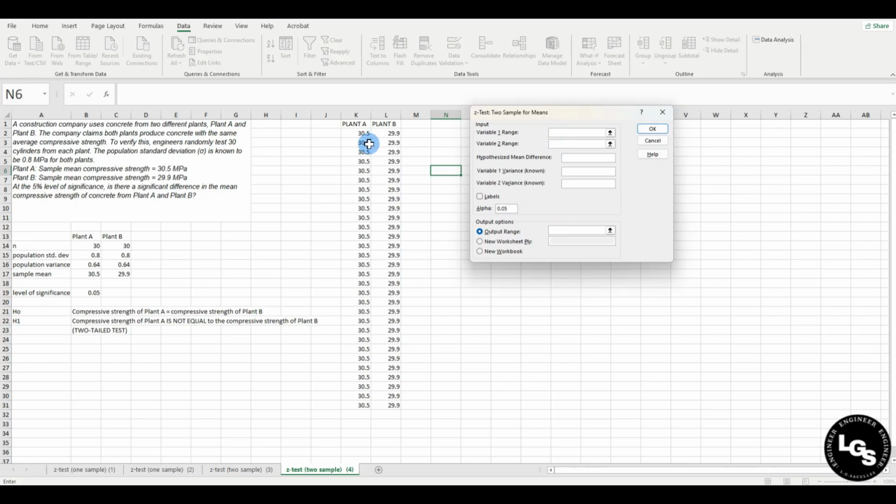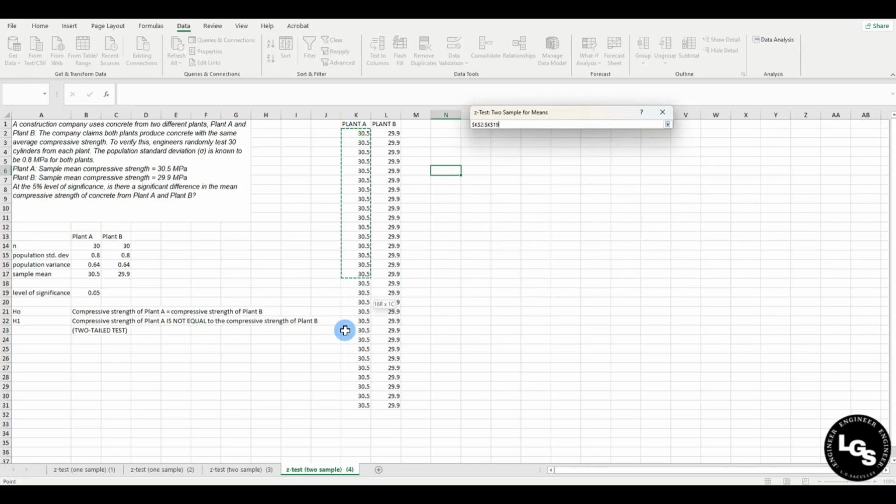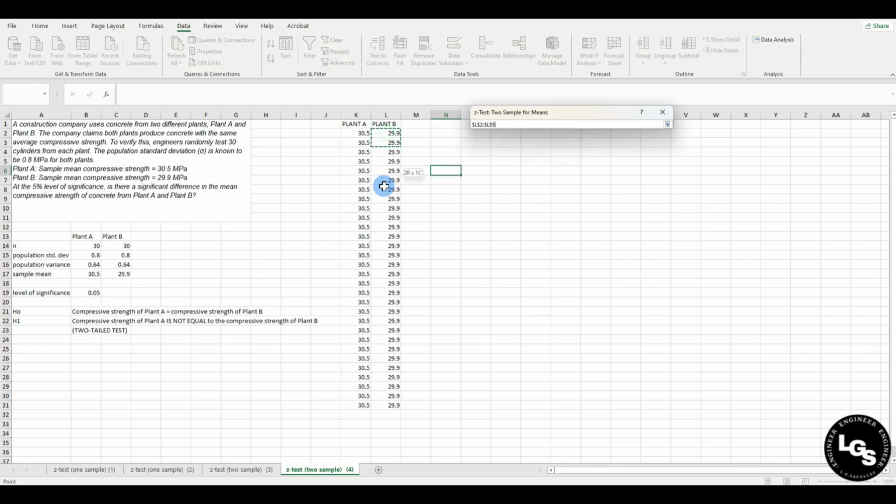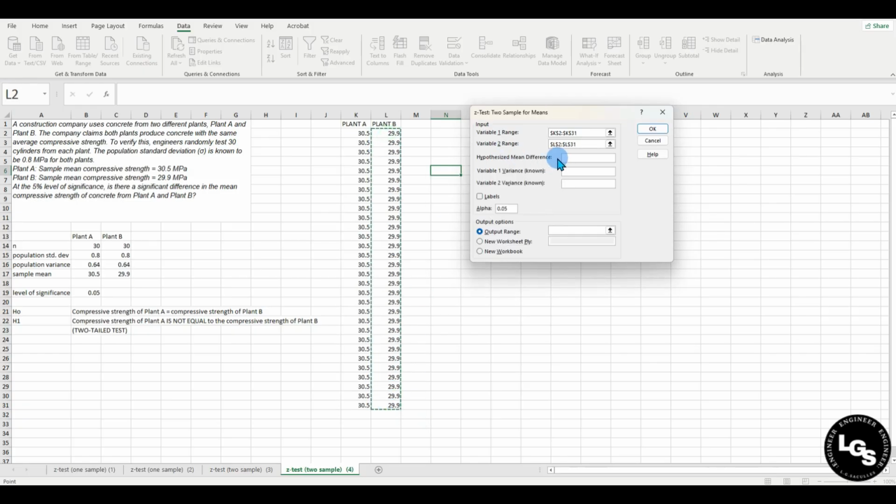For variable 1 range, I will highlight the data under plant A. Then for variable 2 range, the data from plant B. The hypothesized mean is always 0 if we have two samples. For variable 1 variance, the variance from plant A, which is 0.64. Then the same with plant B.